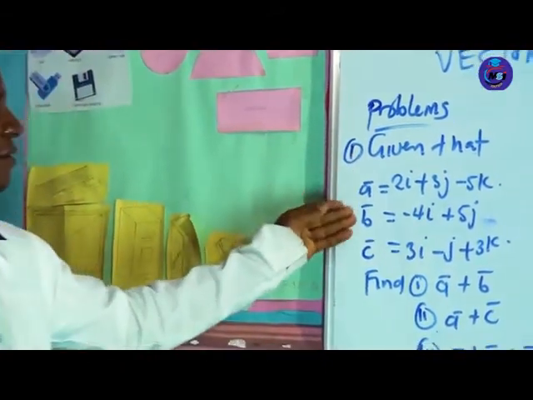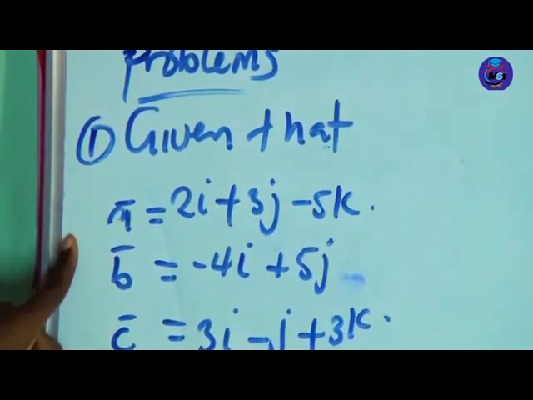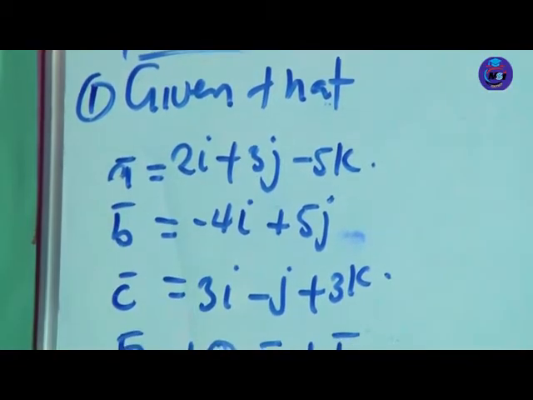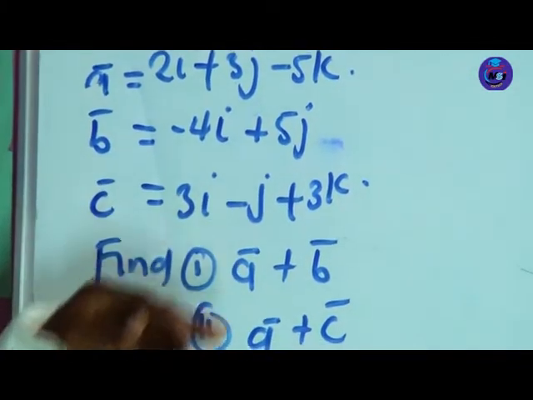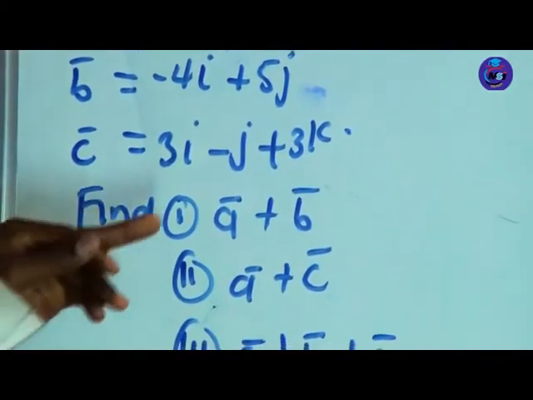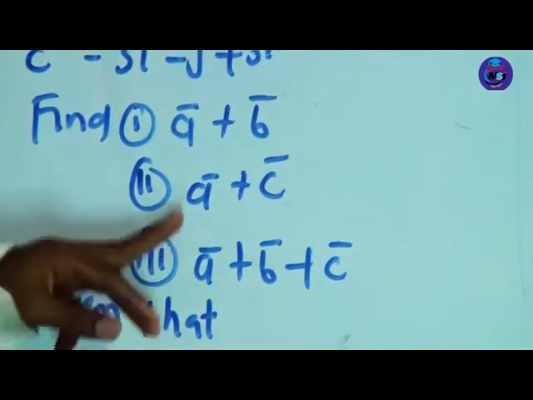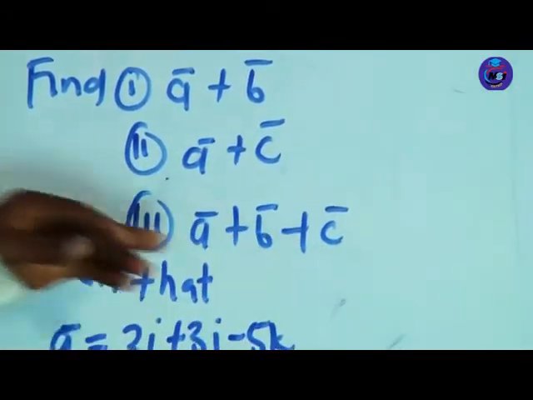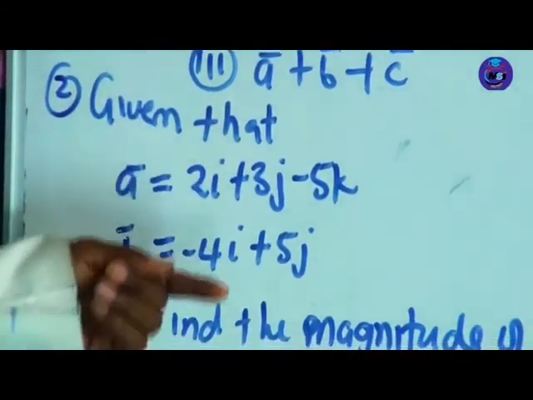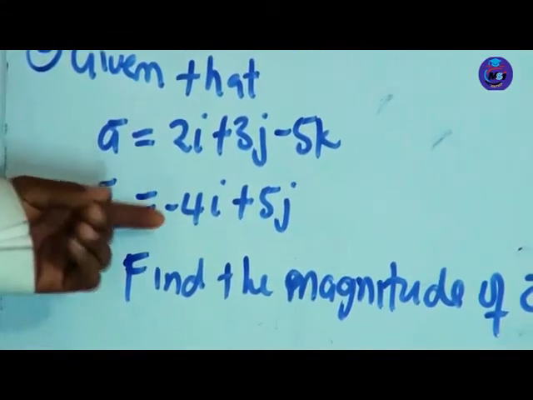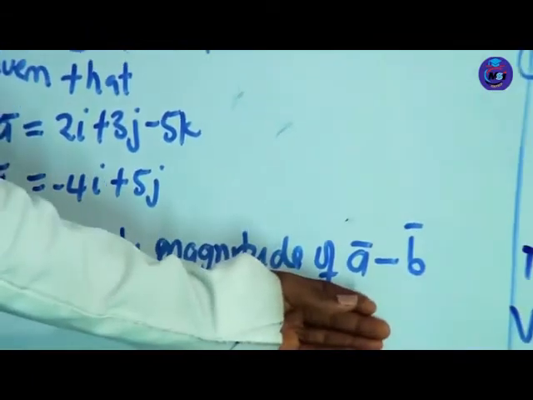Problem 1: given that vector A equal to 2i plus 3j minus 5k, vector B equal to minus 4i plus 5j, vector C equal to 3i minus j plus 3k, find 1, vector A plus B, 2, vector A plus C, 3, vector A plus vector B plus vector C. The second problem: vector A equal to i plus 3j minus 5k, vector B equal to 4i plus 5j. Find the magnitude of vector A minus vector B.